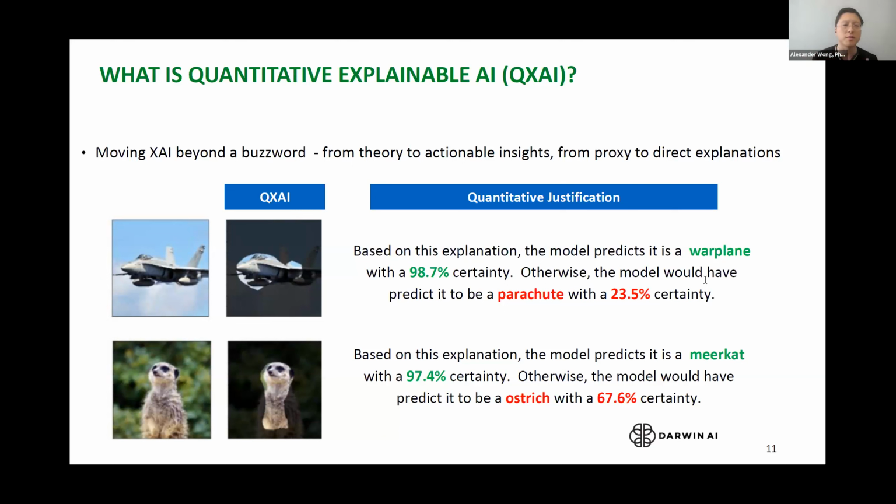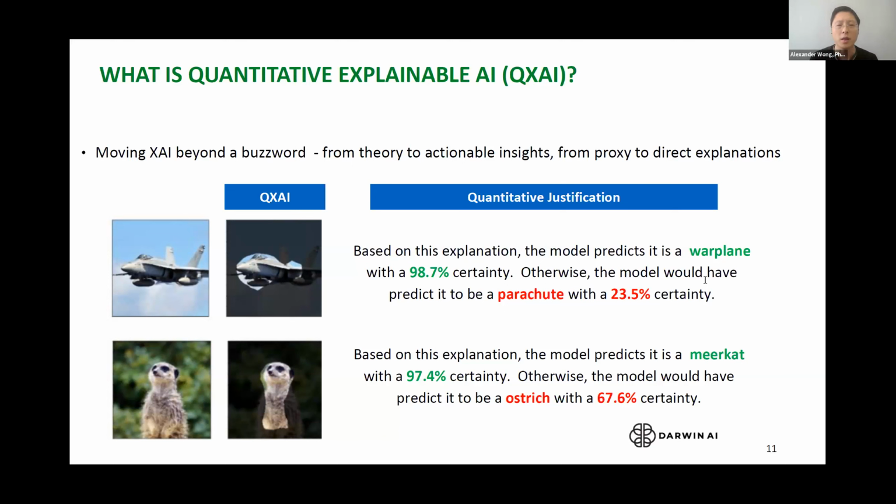Here's a very simple example of an image classification case. There's a bunch of images, and the underlying AI model is making a decision on what it is. With quantitative explainability, the quantitative explanation is what you see in the middle column, where instead of saying this is a little more important, this is a little less important, it'll tell you the exact area, what you see highlighted, that actually led to the decision that this is a warplane.